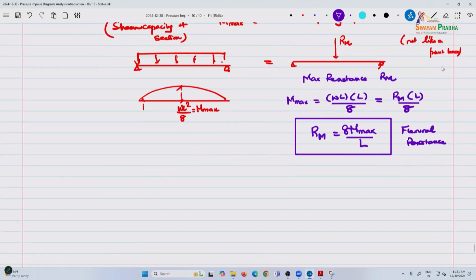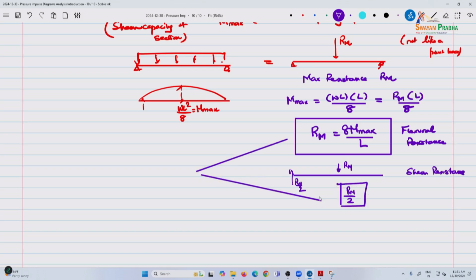And the shear resistance, we assume this is Rm, this is Rm over 2. So consider the lesser of the two resistances.